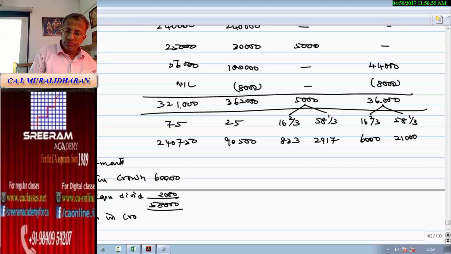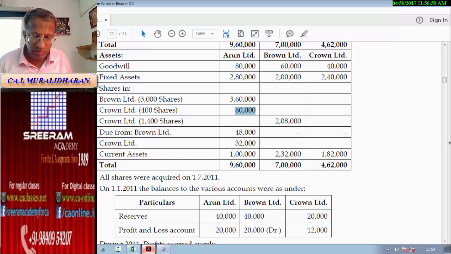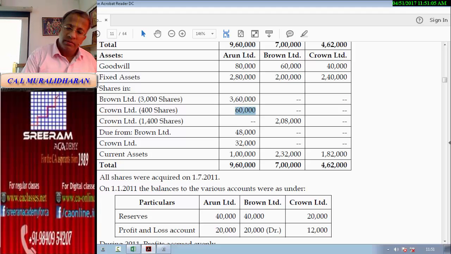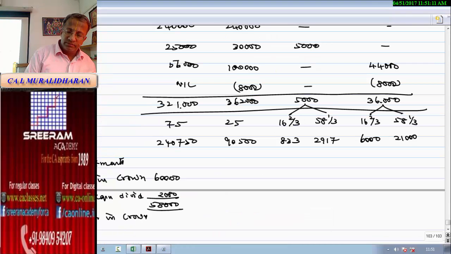Brown in Crown. Three lakh. Sorry, 2,08,000, less pre-acquisition dividend.